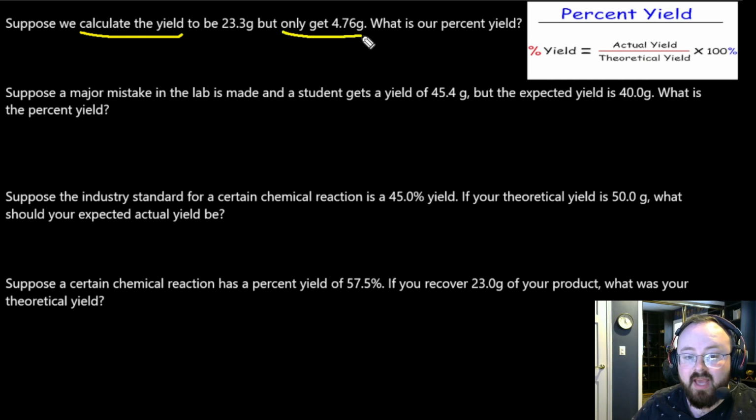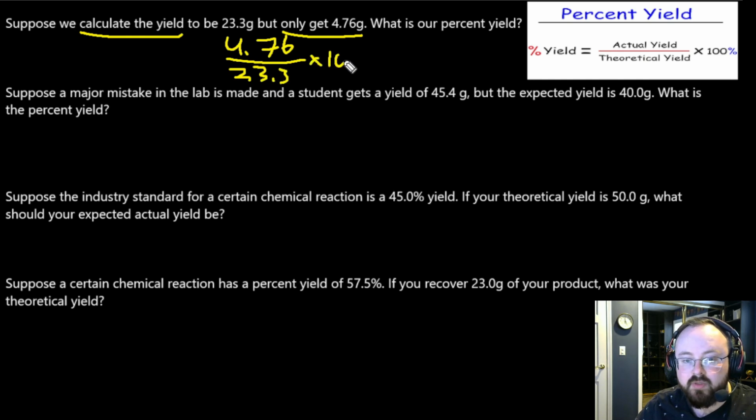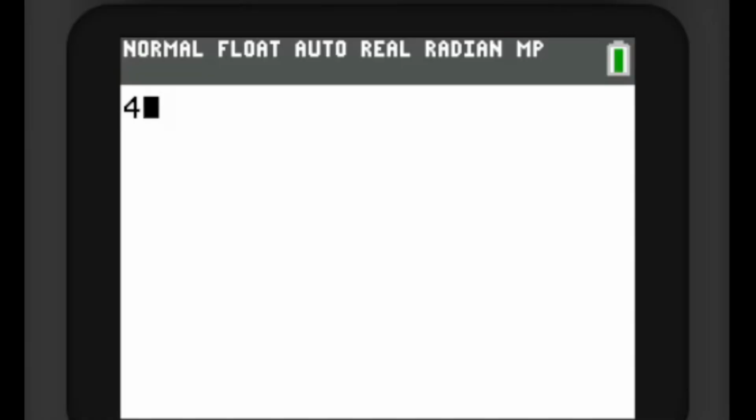The verbiage of that indicates that what we're actually getting is 4.76. We use our formula: percent yield is equal to the actual yield, which is 4.76, divided by my theoretical yield, which is 23.3, and we have to multiply this by 100 to get to a percentage.